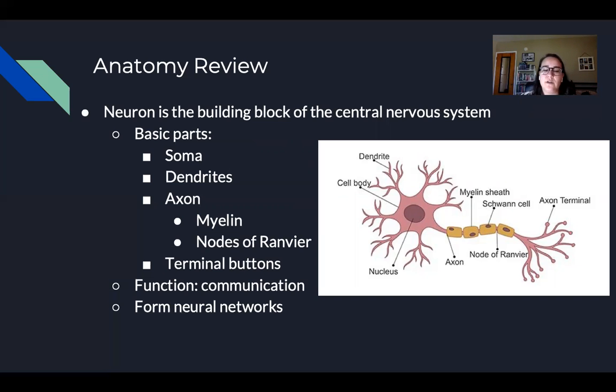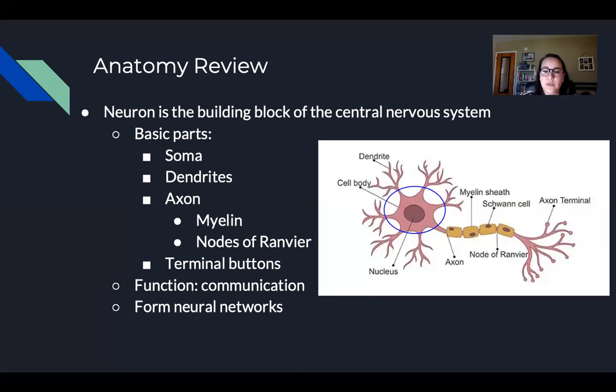Neurons vary to some degree in terms of their structure, but generally they all have this sort of uniform setup that we'll go through. They're made up of what's called a soma, or the cell body, dendrites, an axon, and terminal buttons.